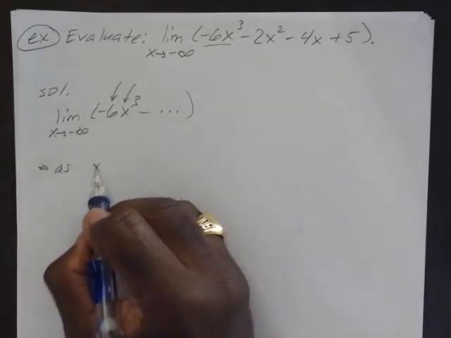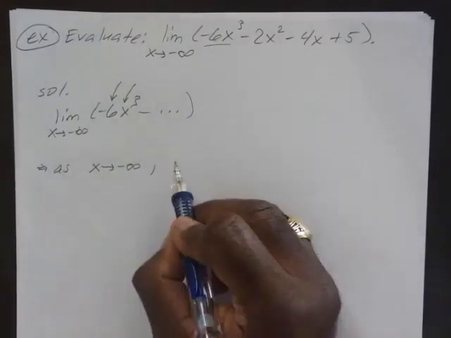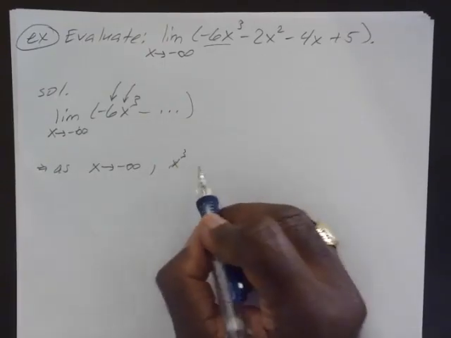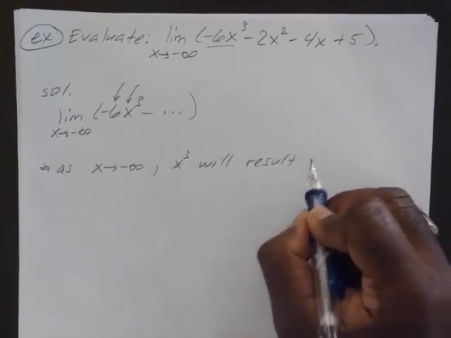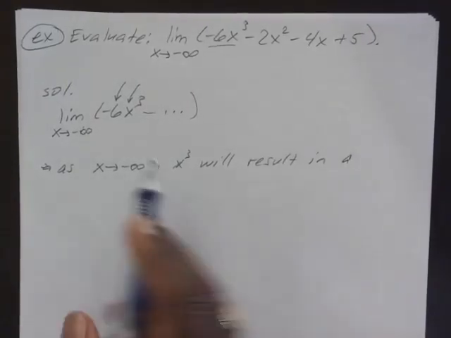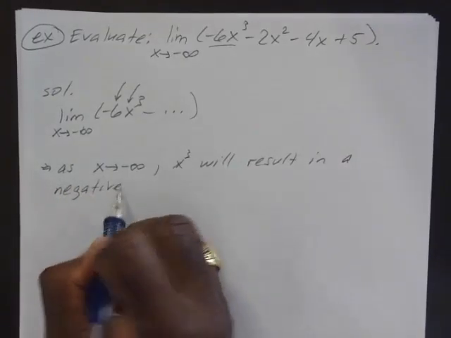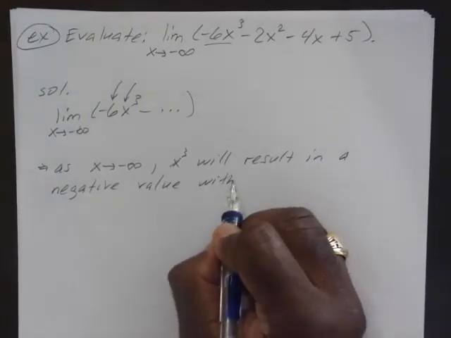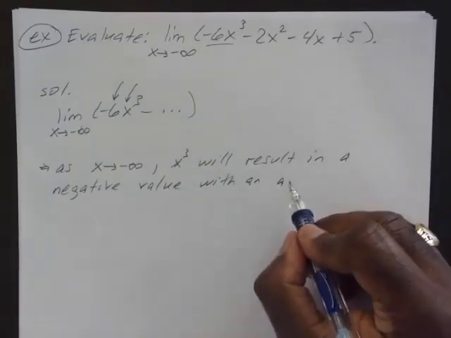So we know as x approaches negative infinity, x to the third power will result in a negative value with an almost infinite absolute value.